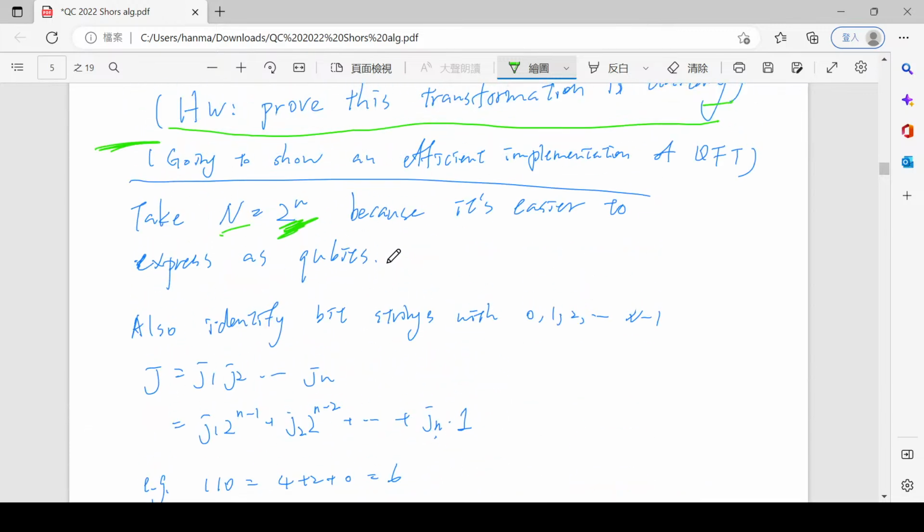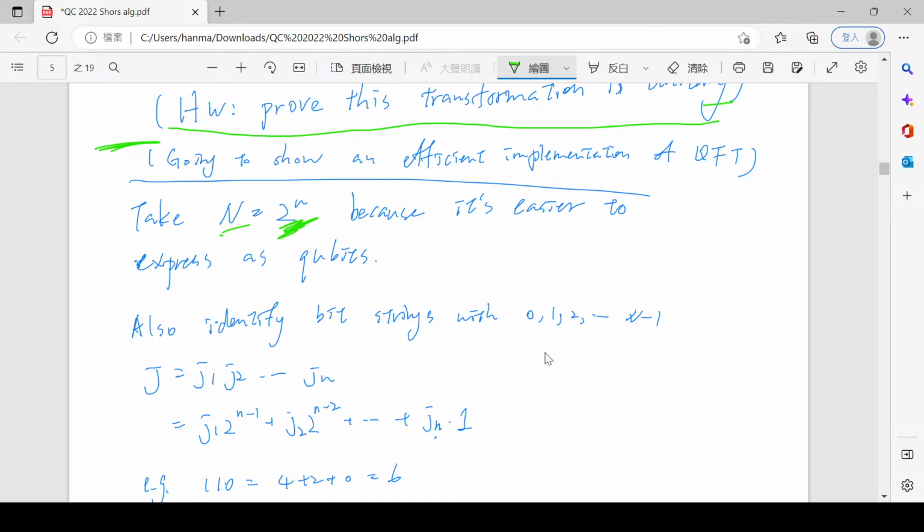Okay, so let's set up the notation first. We will need this notation to convert between numbers and binary bit strings. This is just binary expression.